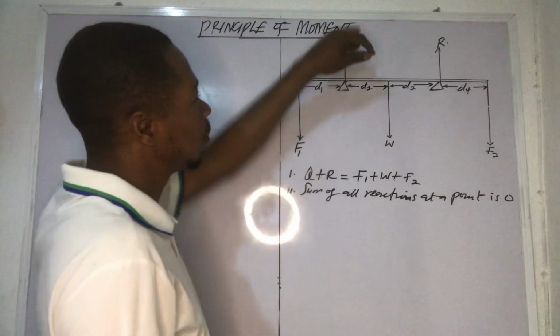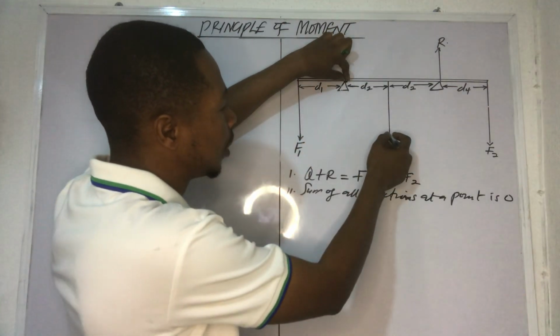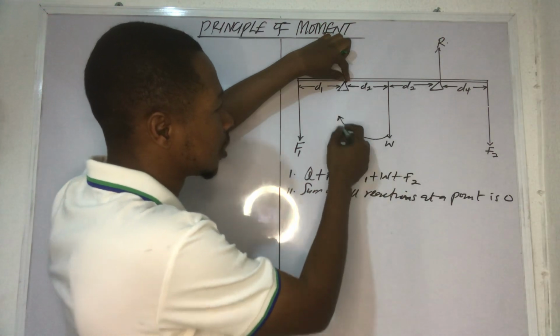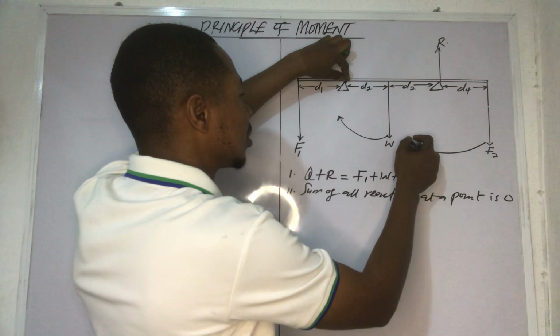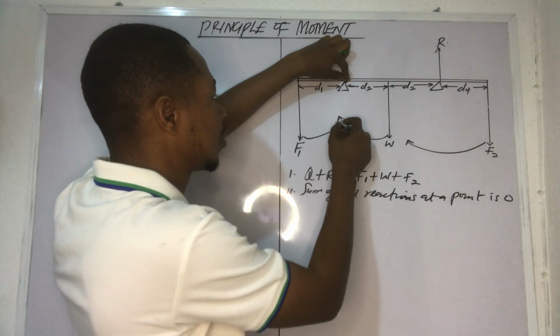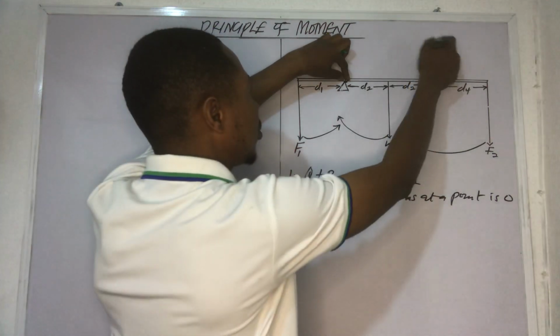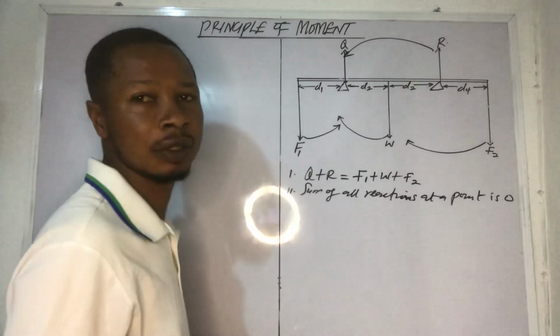Now, if I'm taking moment about this point Q, this one moves like this, clockwise. This one will go like this, clockwise. And this one will move like this, anti-clockwise. And this R will come like this also, anti-clockwise.